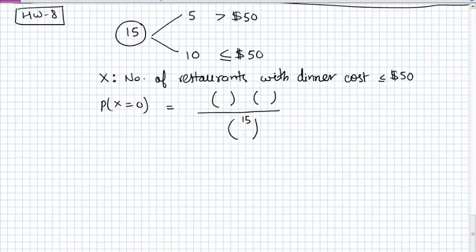So how many ways can one choose 3 out of 15? That's the denominator. Let's say this one represents less than or equal to $50. That money will be reimbursed by the company, and this is greater than $50, which will not be reimbursed. Less than or equal to 50, there are 10 restaurants. Greater than 50, there are 5.